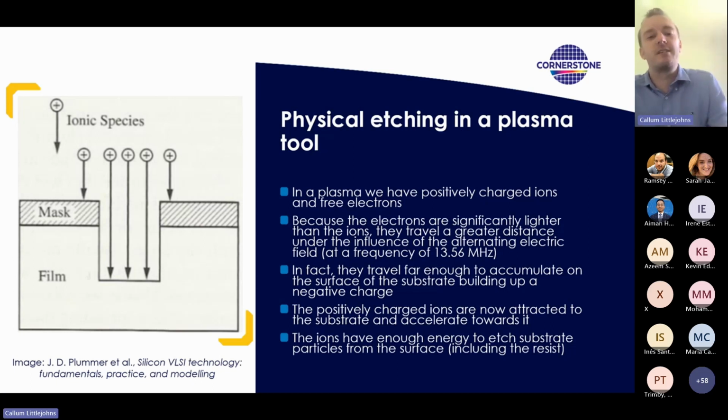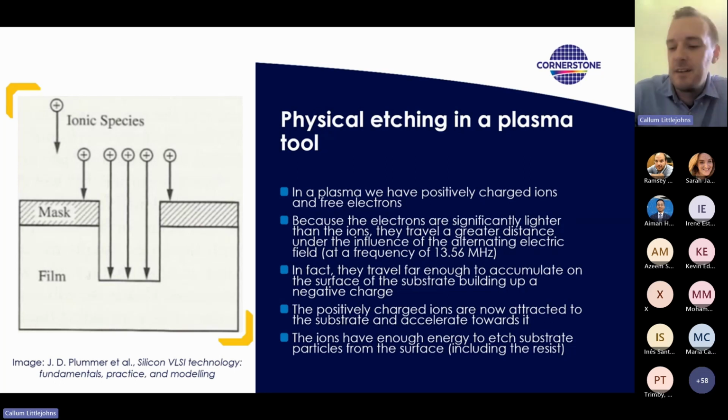Now the ions are accelerated towards the substrate because when the plasma forms, the very light electrons that are alternating in this electric field that's applied to the chamber to create the plasma accumulate on the stage, forming a negative bias that then accelerates the positively charged ions in the plasma towards the substrate and causes etching here.